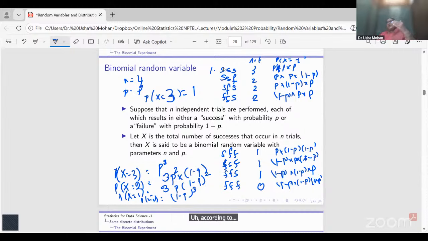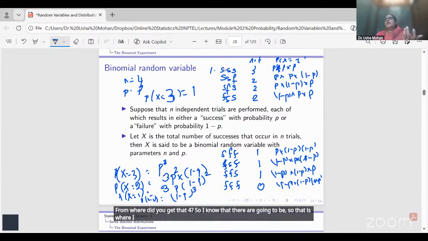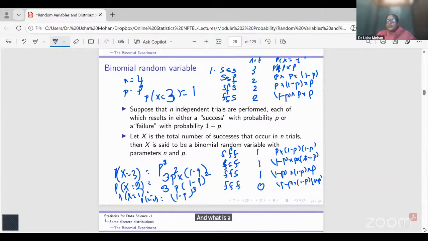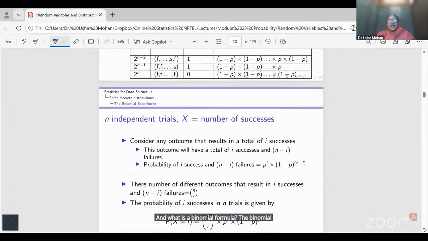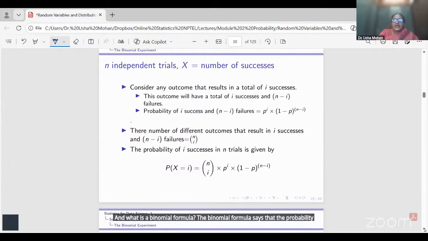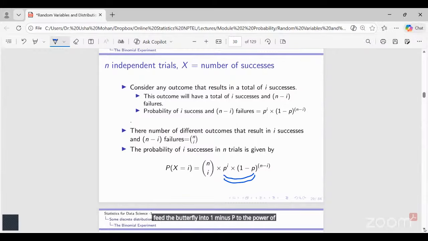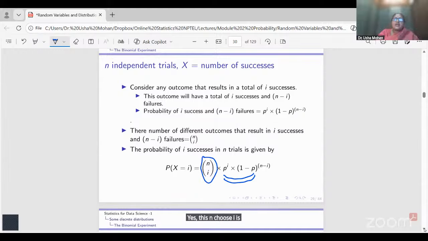So I know that there are going to be, so that is where I introduce the binomial formula. And what is the binomial formula? The binomial formula says that the probability X equal to i is n choose i into P to the power of i into 1 minus P to the power of n minus i. This n choose i is how many times I can have this.